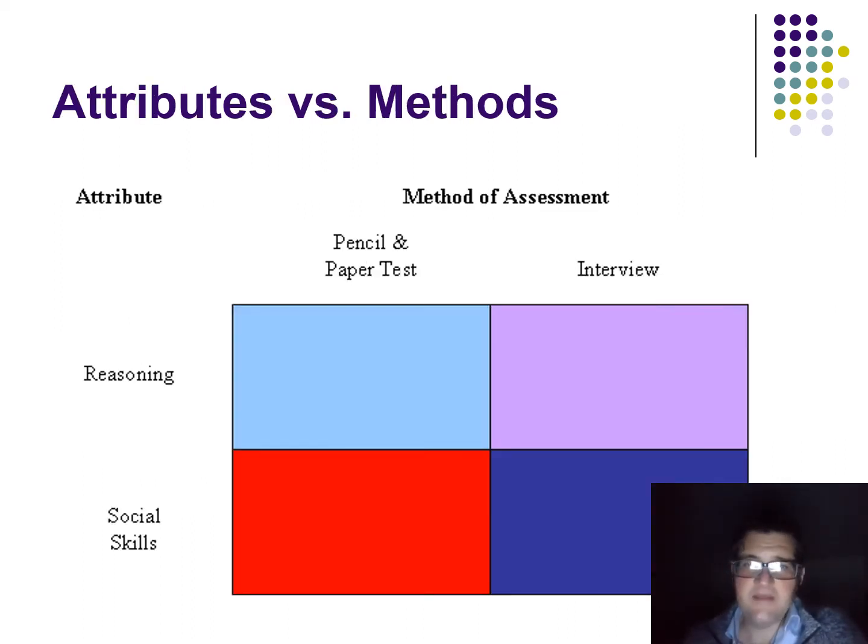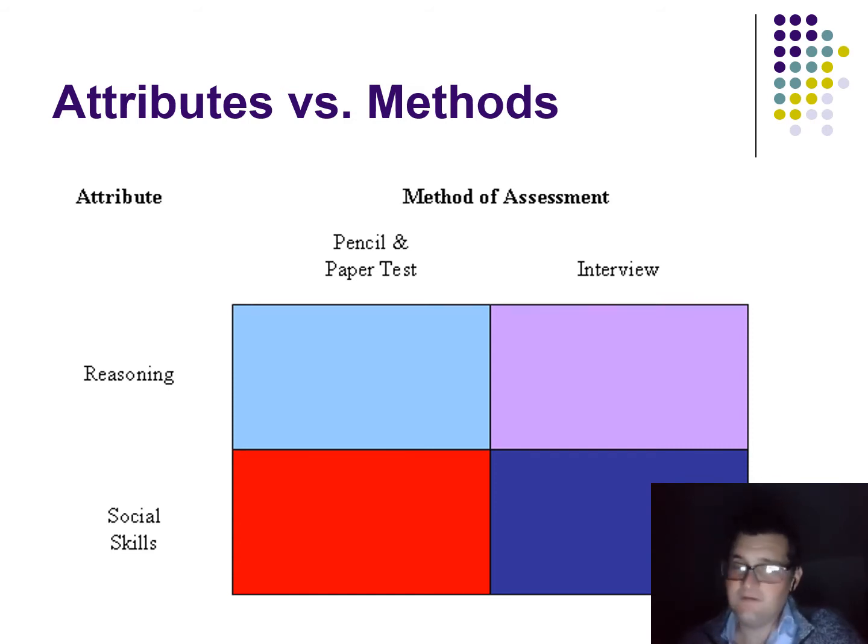The other thing to keep in mind is that people sometimes conflate these. When I talk about cognitive abilities or, quote unquote, intelligence, people will think of that as being a pencil and paper test usually. We might talk about an attribute being reasoning versus social skills, and people will tend to think about reasoning as something you assess with a pencil and paper test, whereas you'd use an interview to assess social skills.